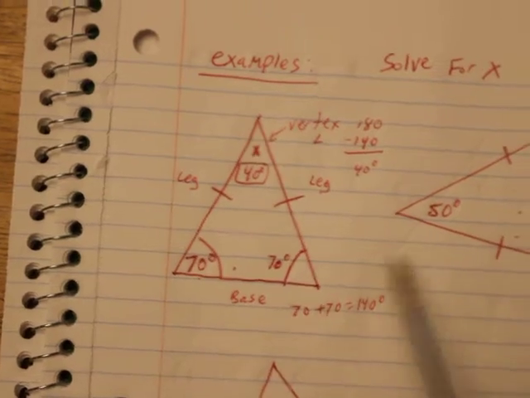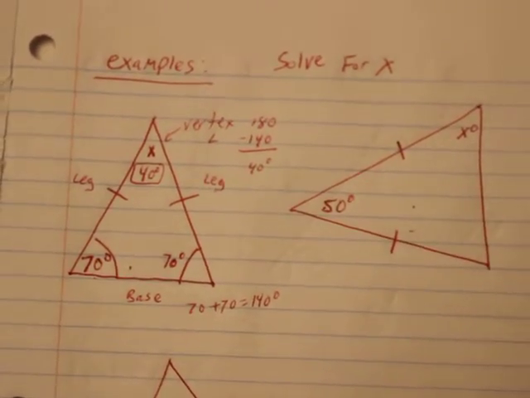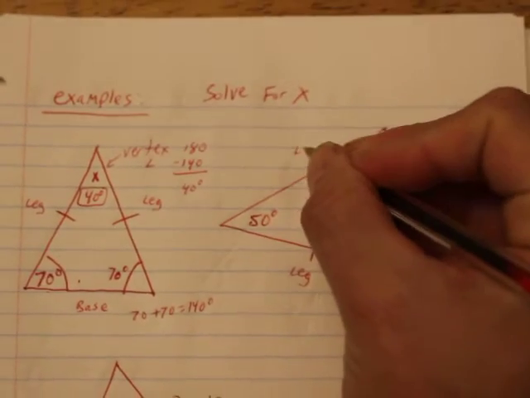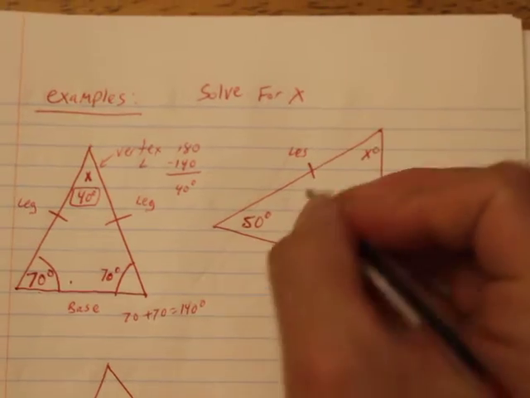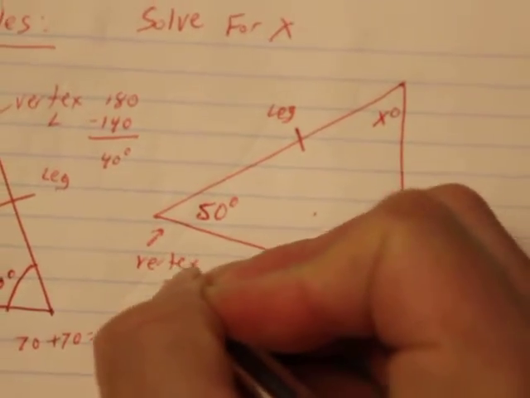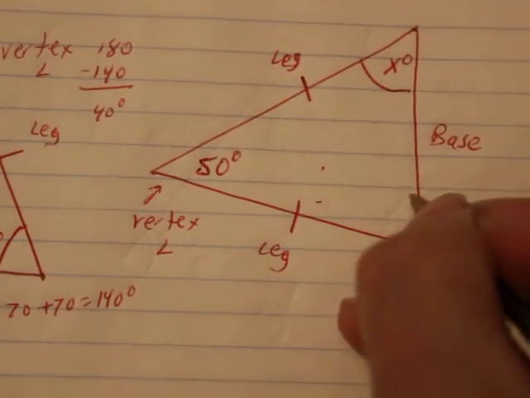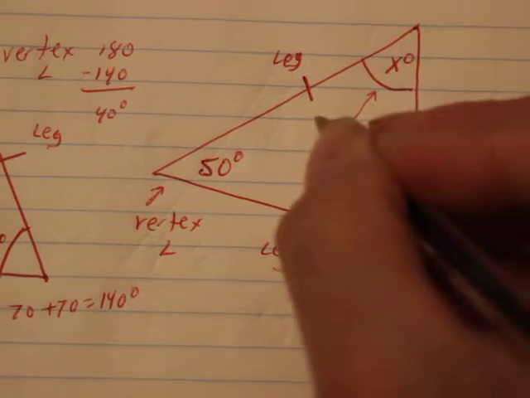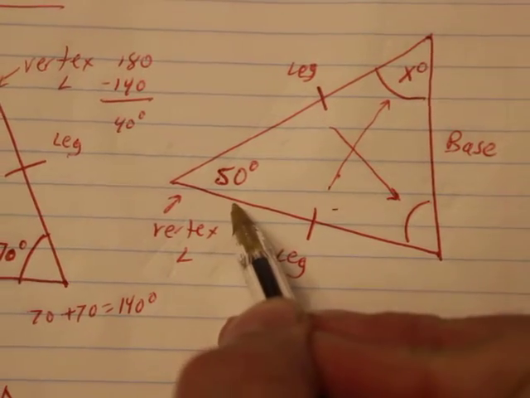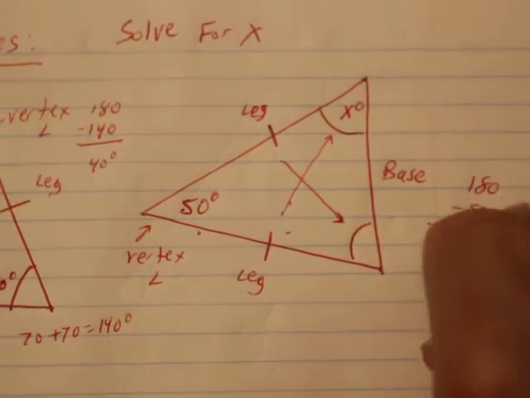Okay? Now, how does that one differ from this one over here? Well, they turn the triangle a little bit, so I still have to identify what are the legs, the congruent sides. This is the vertex angle then. And that would make this down here the base. And these are the base angles across from the congruent sides. So if the vertex angle is 50, that means that there are two angles left.